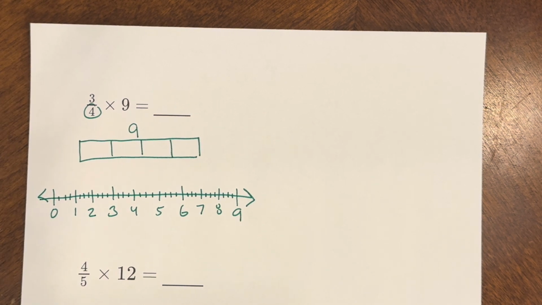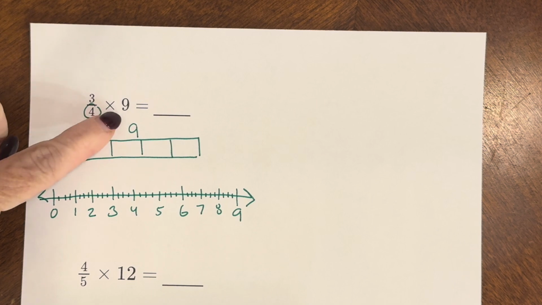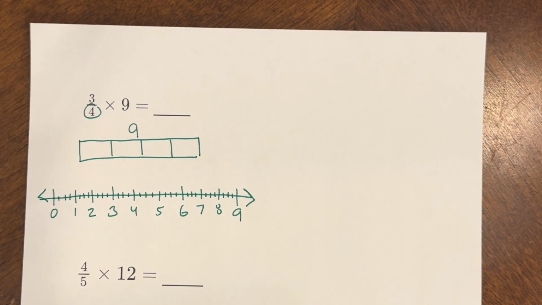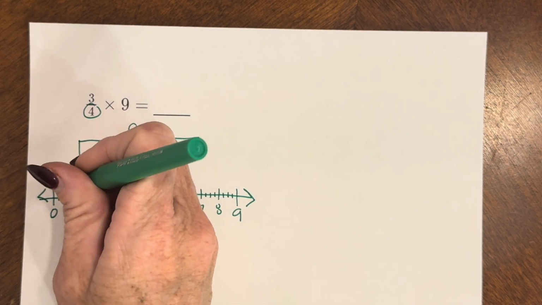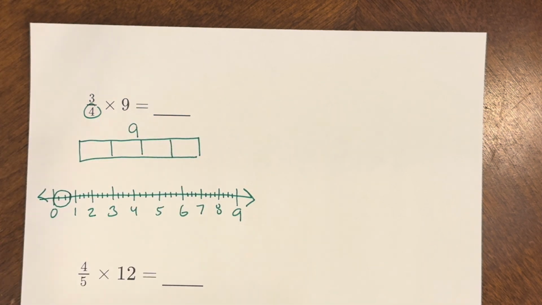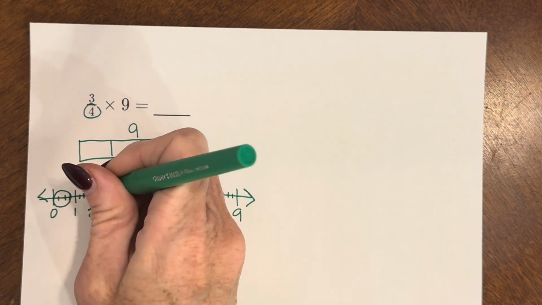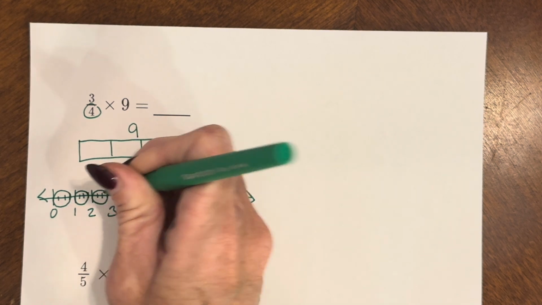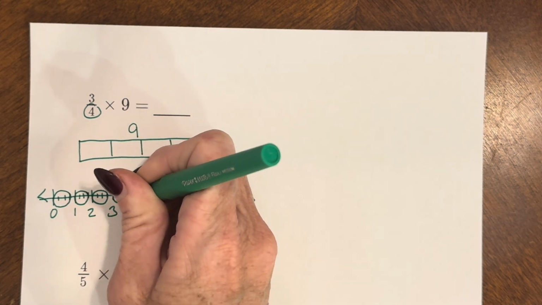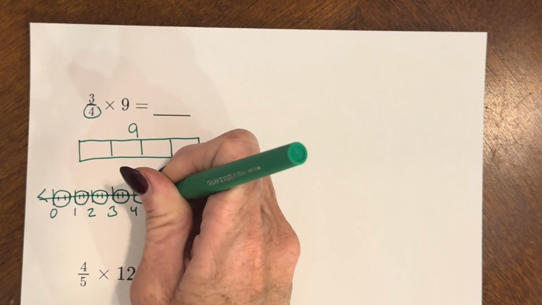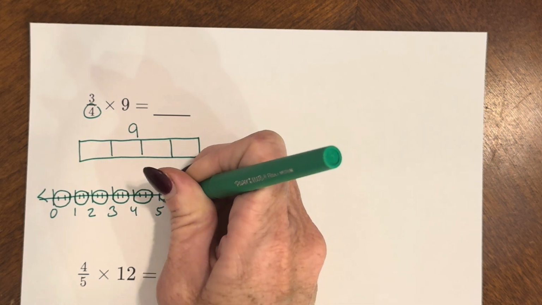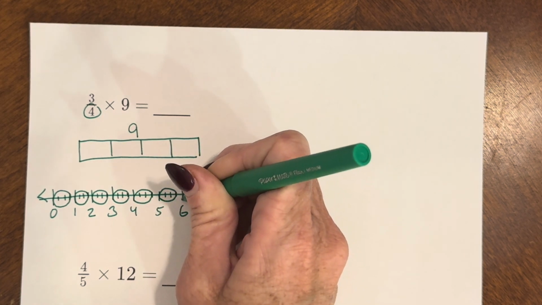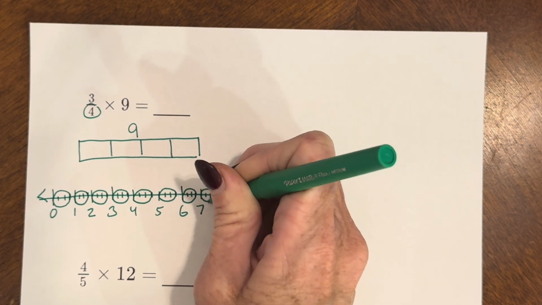Okay, now it says I have 3/4 of each of the 9 pieces. So I have those 3 pieces, but not that one. I have those 3 pieces, those 3, those 3, those 3, those 3, those 3, and I'm going to keep going.